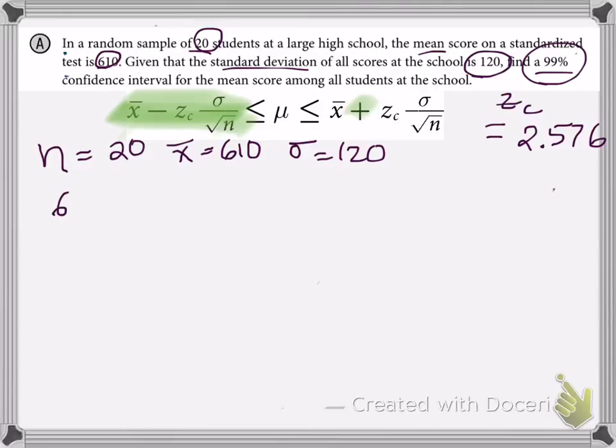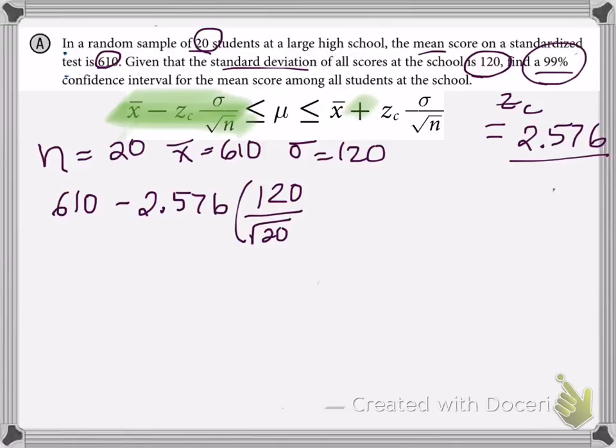My mean is 610. My z of c we said was 2.576, sorry. And then my standard deviation is 120. And my sample size is 20 students.